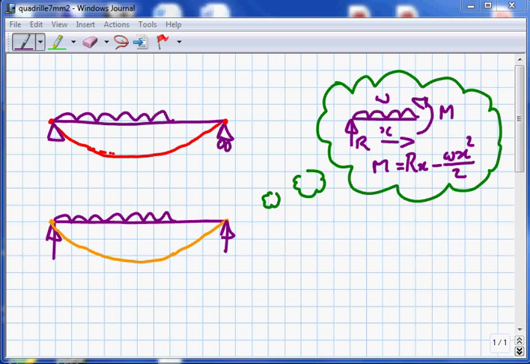For the purposes of this analysis, we don't want to know exactly what the curve looks like. We're just trying to get a feeling for the overall behaviour of the structure. So it's more important to know the shape of the bending moment diagram, and most importantly, which side of the beam it's on.